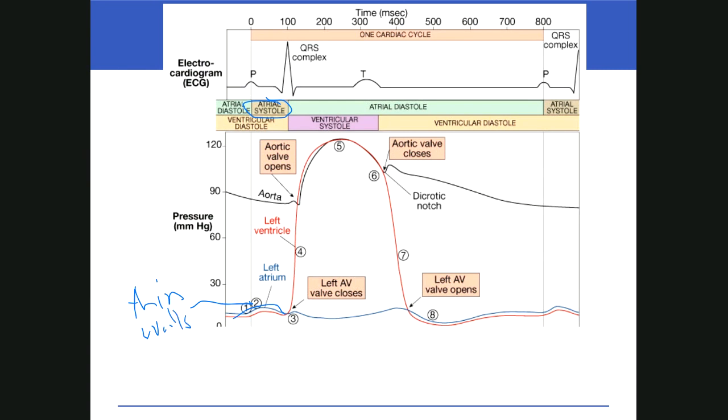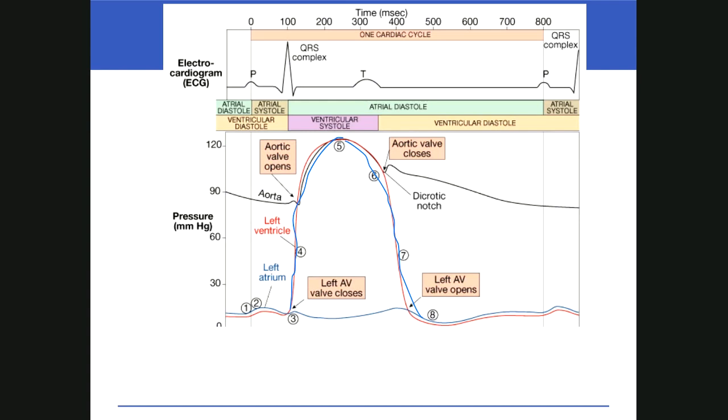But it goes up a little. When the ventricles contract, though, remember this left ventricle is very thick. That pressure goes way up. When it relaxes, it comes back down. So, systole, squeezing: the pressure goes up. Diastole, relaxing: pressure comes back down.